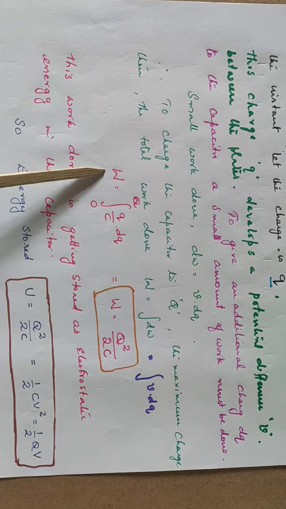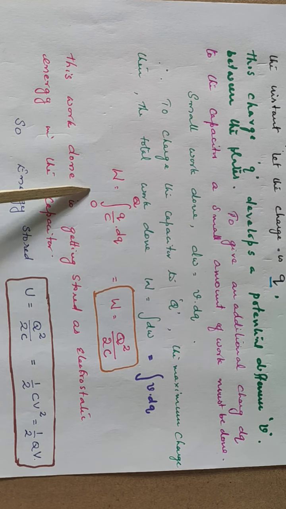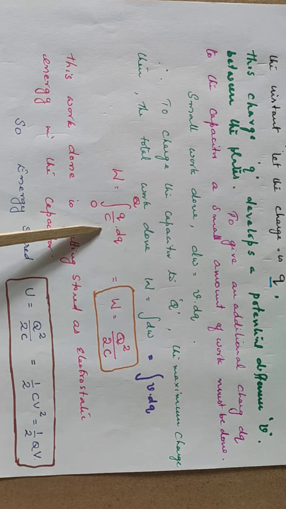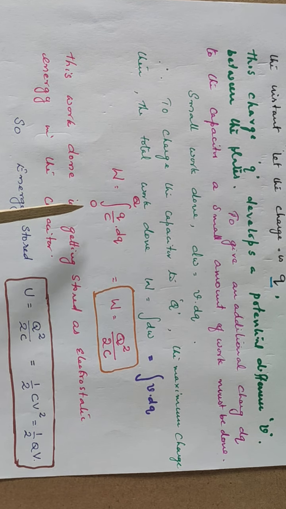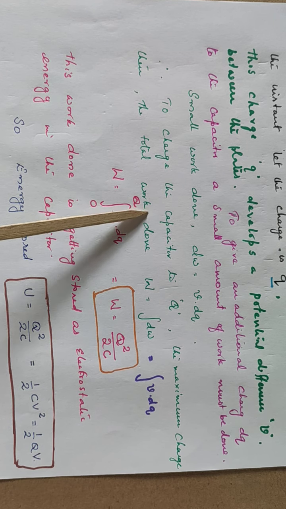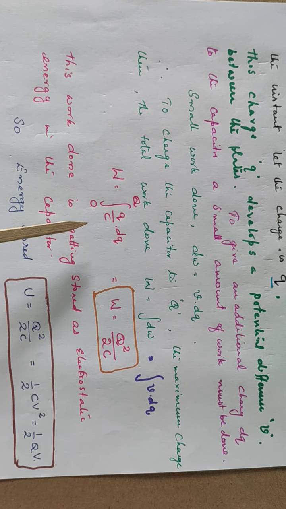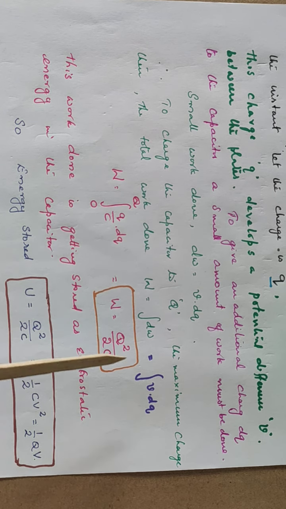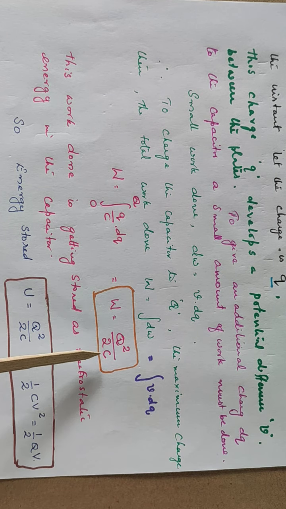So, W can be calculated as integral of q by C into dq from 0 charge to the maximum capital Q charge. Solving this integration, we get W equal to Q square by 2C.